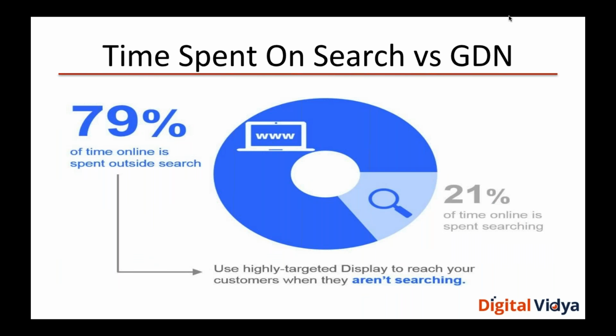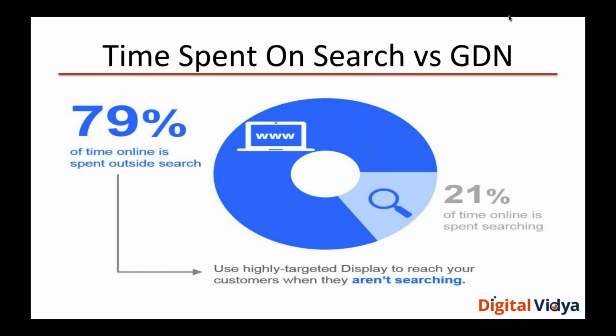So one factor is this. Secondly, though people have been spending more and more time on internet, where are they spending this time? If you look at your own individual user behavior, where is the largest percentage of time spent? Is it on search engine or is it on other websites or apps? We might use the search engine to get to the correct website, but the majority of the time is actually spent on other websites, right?